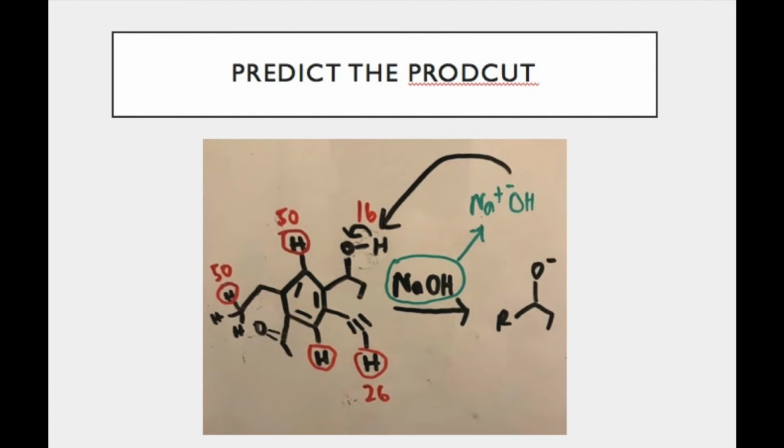So when that bond is breaking and both of those electrons are going onto the oxygen, the double hooked arrow indicates the flow of two electrons, which means that oxygen is gaining an electron. When you gain an electron, you become negatively charged, which is why you see that negative charge on the oxygen in the final product.